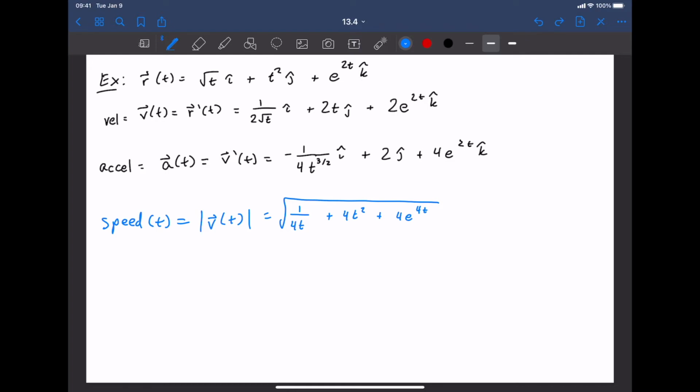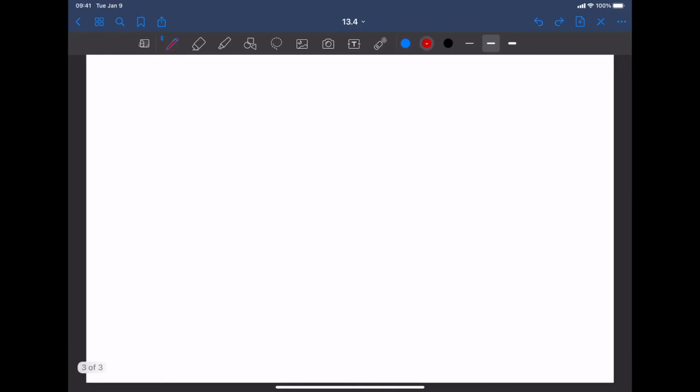It's enough to just go backwards a few steps. So how do we go backwards? Someone tells me my acceleration function is e to the t in the i direction plus e to the negative t in the k direction. They tell me that my initial velocity is 1 unit in the i direction and 2 units in the j direction.